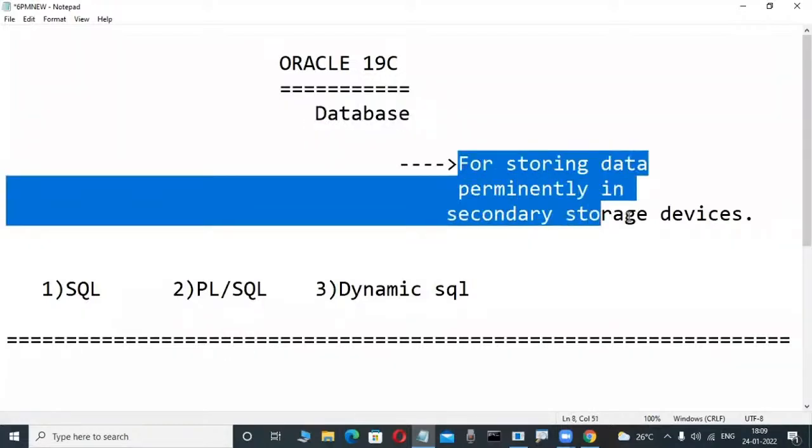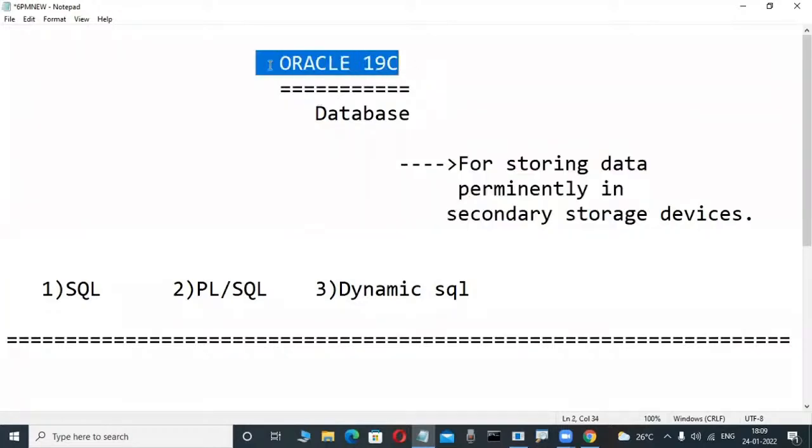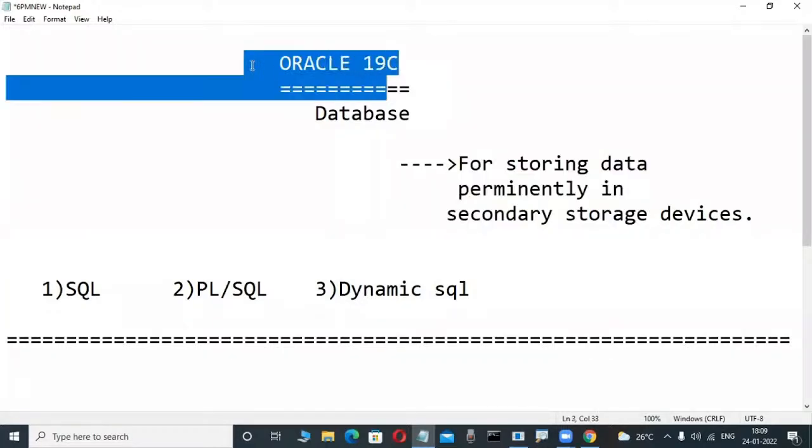For storing data permanently in a hard disk. These databases, Oracle, SQL Server, DB2, MySQL, Teradata, are from different companies, but they are all implemented based on the relational data model, which is a concept. Don't worry, today I am telling that.